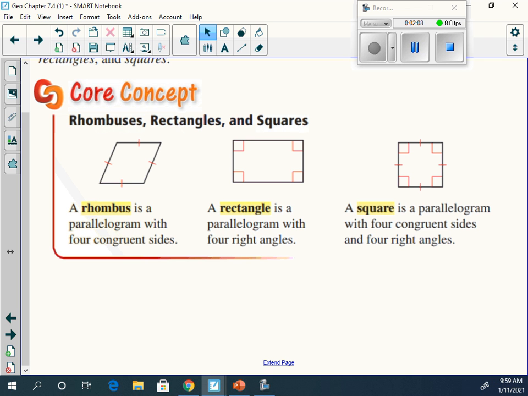So looking at these here, is a square a parallelogram? Is a square always going to be a parallelogram? Well, yes, a parallelogram is two sets of parallel sides. Does a square have two sets of parallel sides? Well, yes. So a square will always be a parallelogram. Will a parallelogram always be a square?